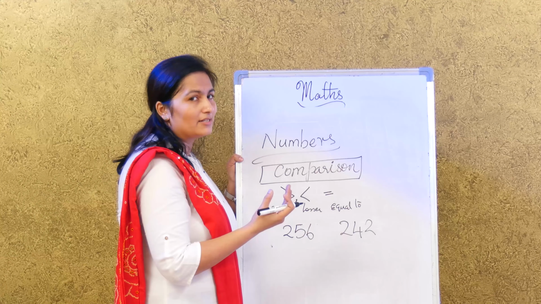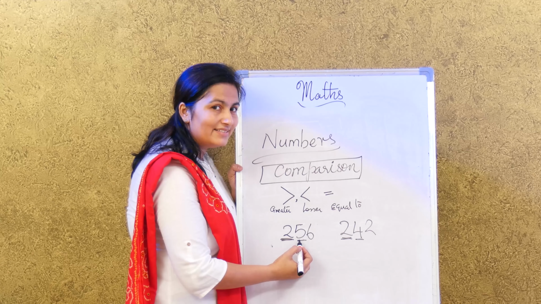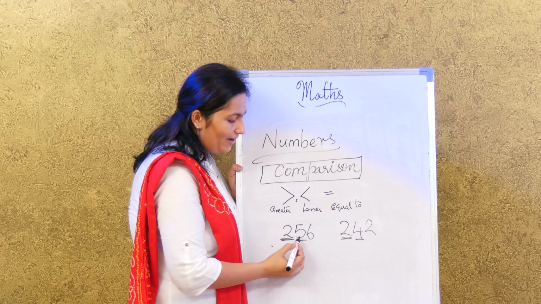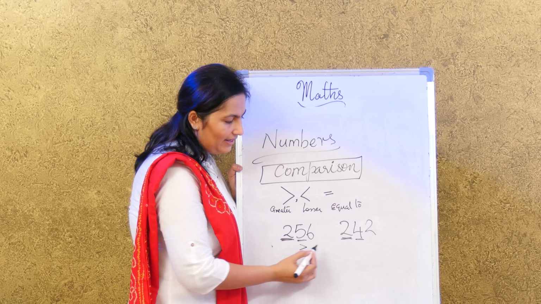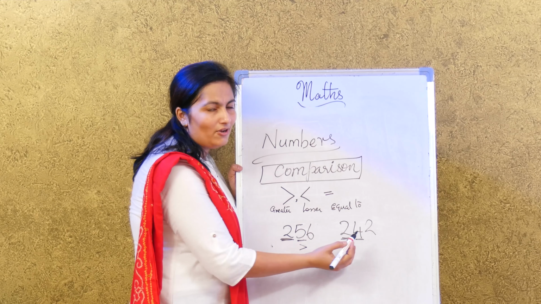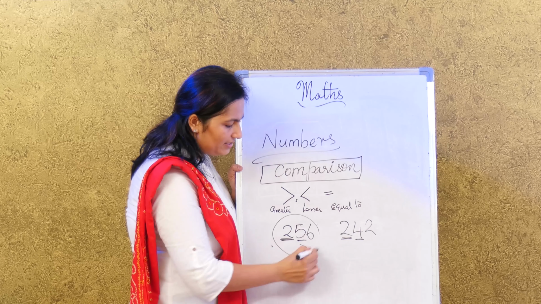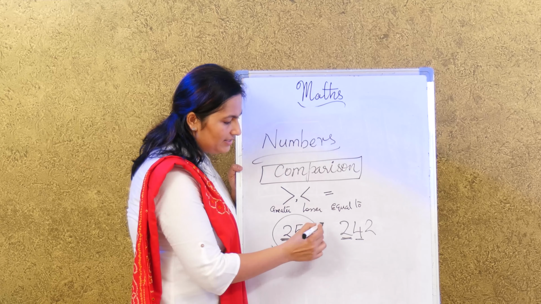Then we move on to the tens. So that is how we go. First we take the hundreds and then we go on to the tens. So in this we got the answer, 5 is greater than 4. So we got our answer, 256 is greater than 242.